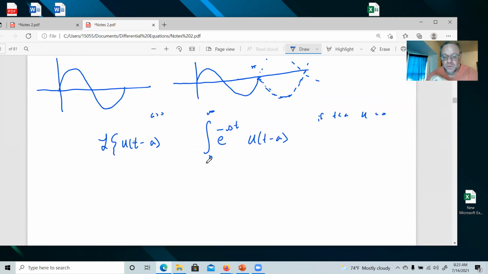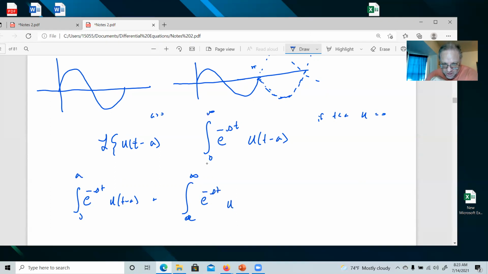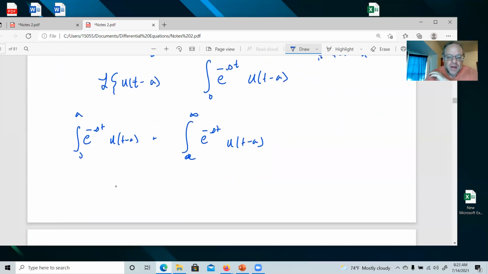So couldn't I replace this integral as the integral from 0 to a of e to the negative st u of t minus a, plus the integral from a to infinity of e to the negative st u of t minus a? Now, from 0 to a, this function here is 0, so the integral is 0. Okay, so we're just going to put a 0 in there.